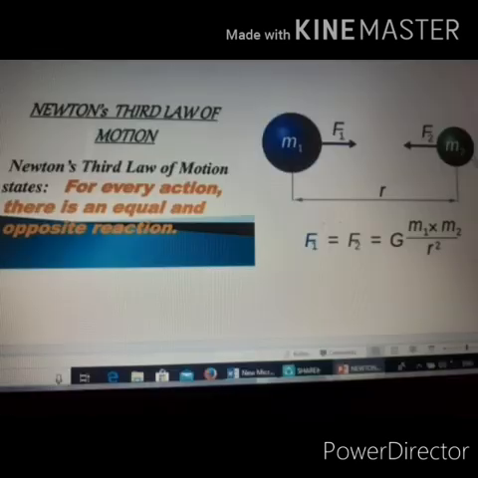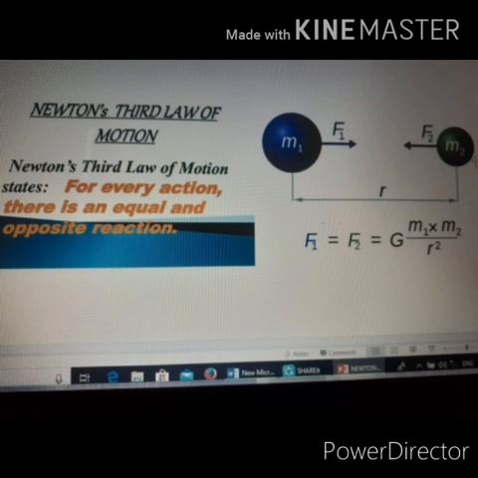The force of gravitation is an attractive force existing between any two objects that have mass. This force pulls the objects together, that is, one should exert force on the second and the second should exert force on the first. Now students, you studied in class 9 Newton's third law of motion, which states that to every action there is an equal and opposite reaction.